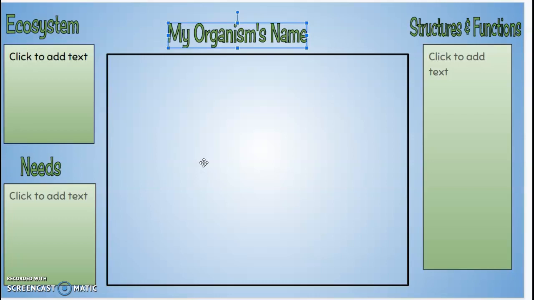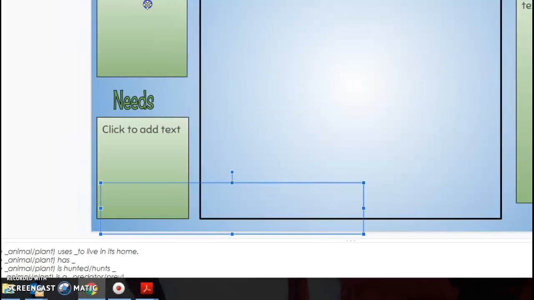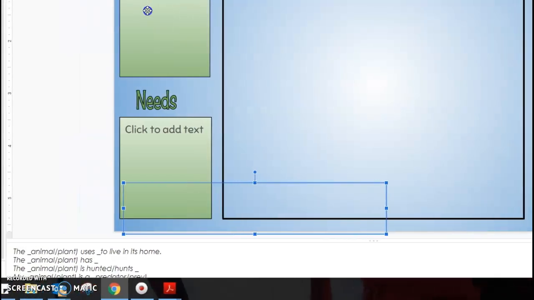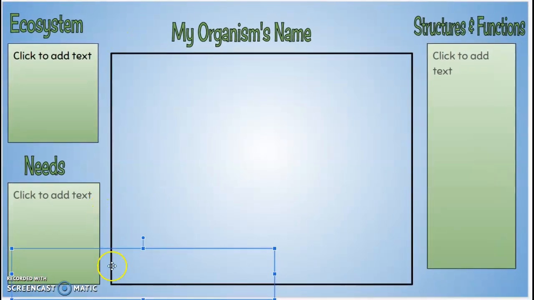Whatever works best for you, but make sure the diagram has labels. And if you look down here, it says the animal or plant uses blank to live in its home. The animal or plant has blank. These are just sentence stems that you could use.